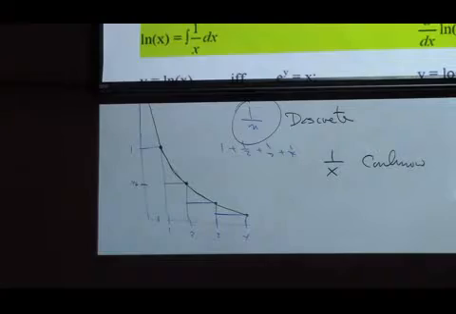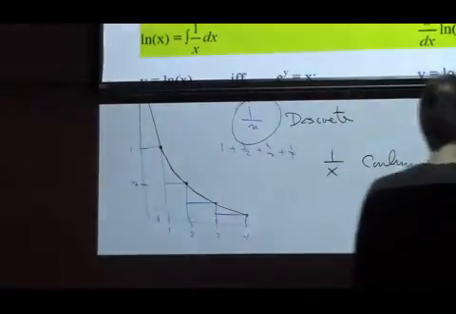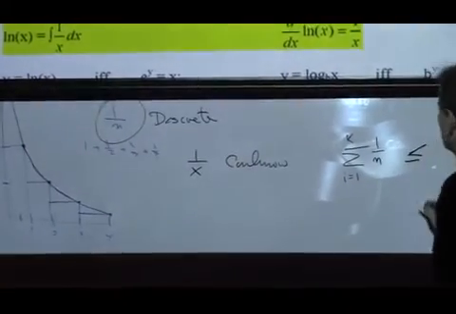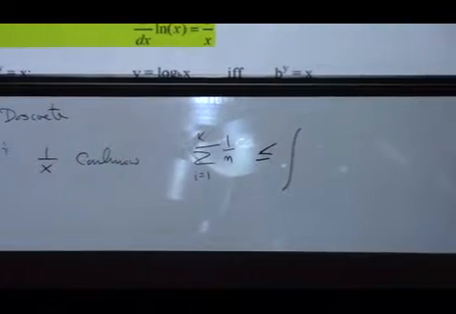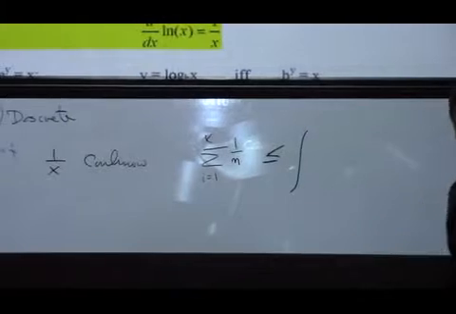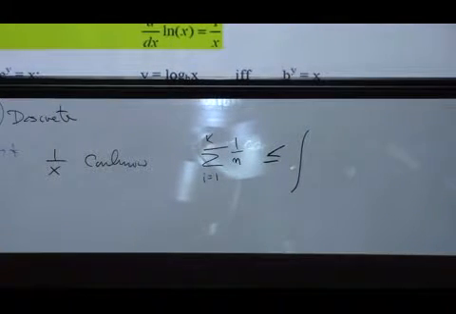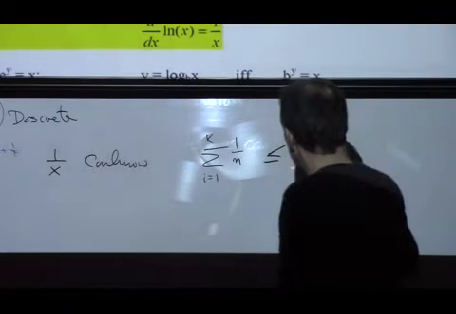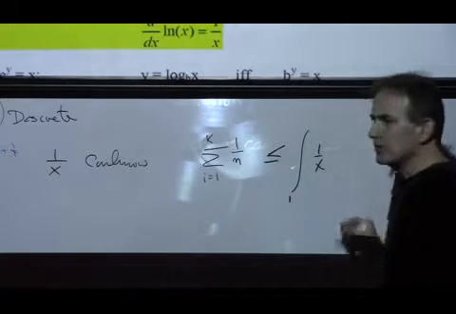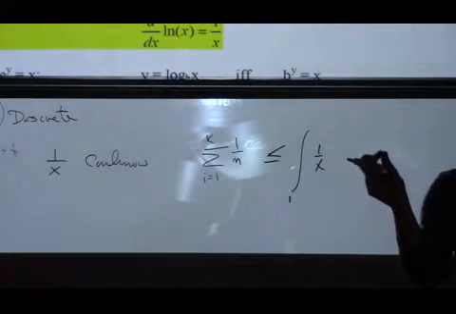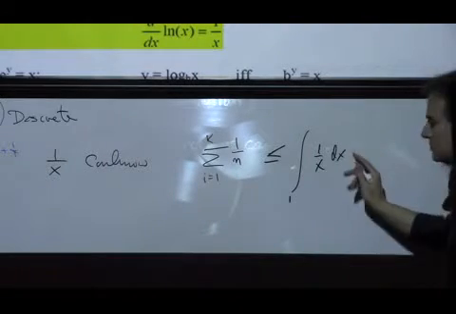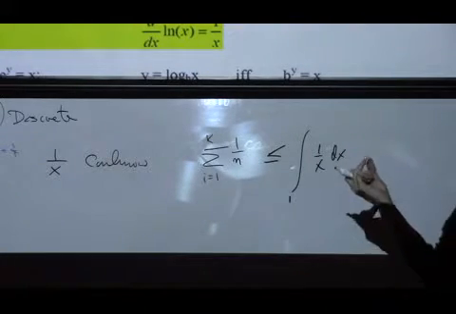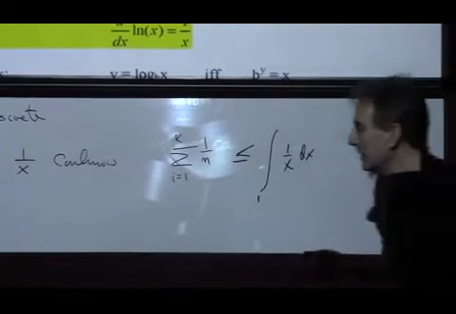So therefore, what we can say is this is going to be less than or equal to the area, which is the integral, which is the continuous area under the curve of the same continuous function, as we go from 1 to n of 1 over x, and then as the differences between x and the next x get smaller, we use dx, which means that it's the limit as the difference goes to 0, as the number of x's goes to infinity.